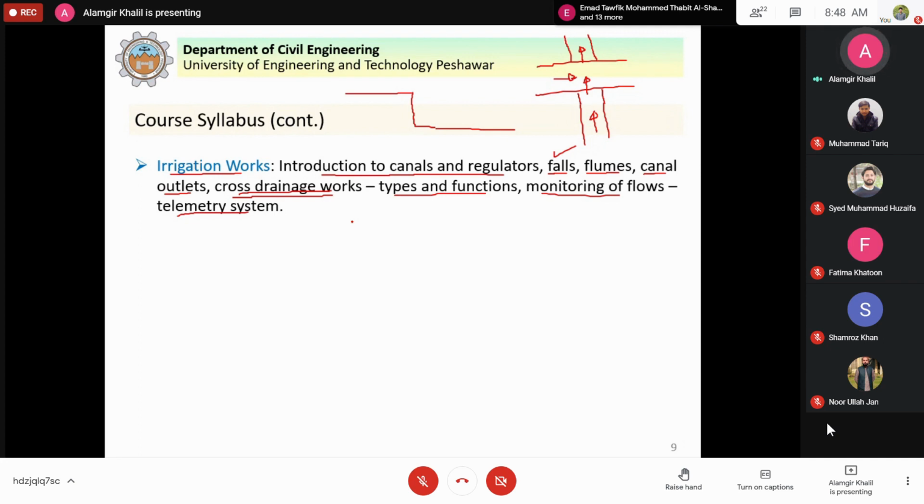For example, you studied how to divide the cross-section of the stream into different verticals, and then you use the mid-section method or mean section method. You calculate the area, and the velocity you calculate with the current meter.